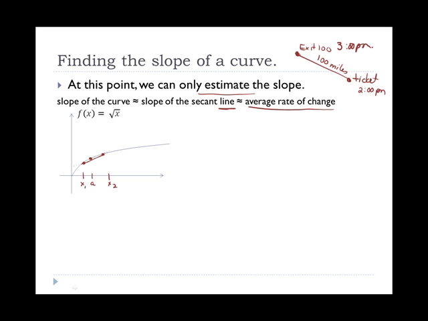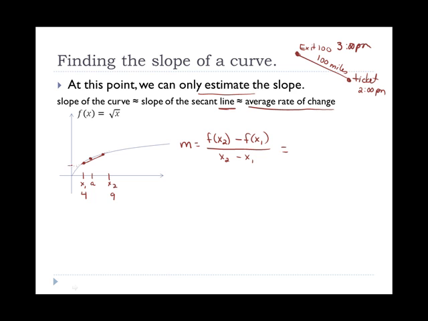So let's find this. Let me just pick that x1 is 4 and that x2 is 9. So remember that to find the slope, we do the function value of x2 minus function value of x1. In other words, the y values are subtracted.